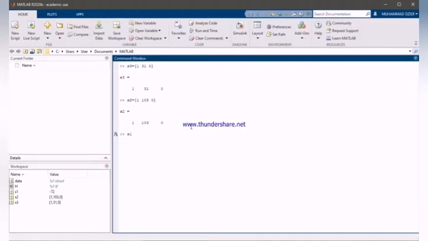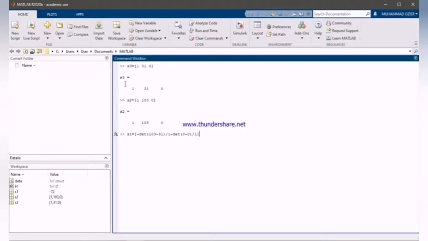For variable S1, we need to create a formula. 103 minus 31, bracket divide by 1, then bracket 0 minus 0, bracket divide by 1, close. 103 because cross section 1 multiplied by 103, negative 31 because 1 multiplied by 31, and 0 because 1 multiplied by 0 is 0.